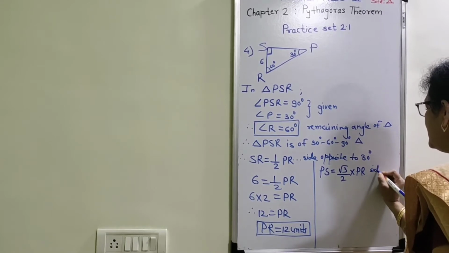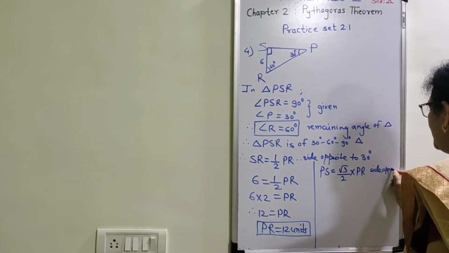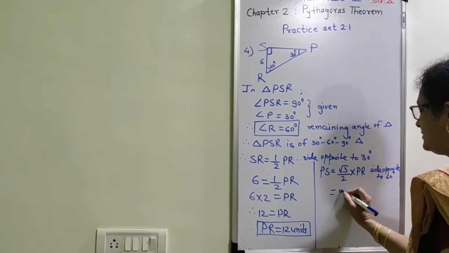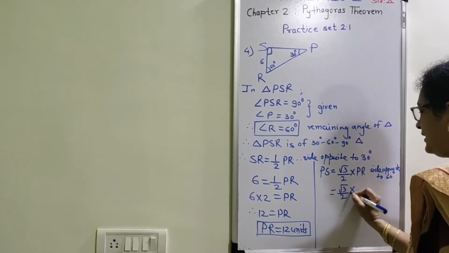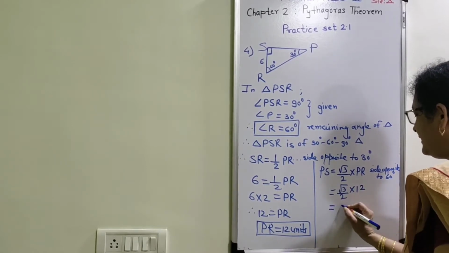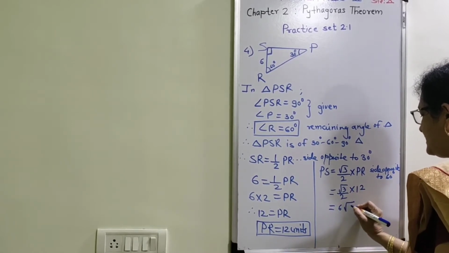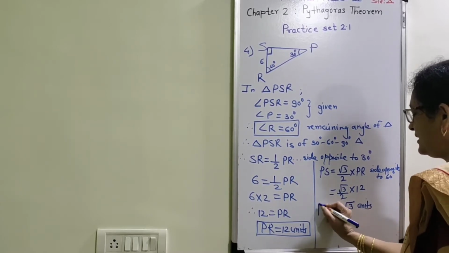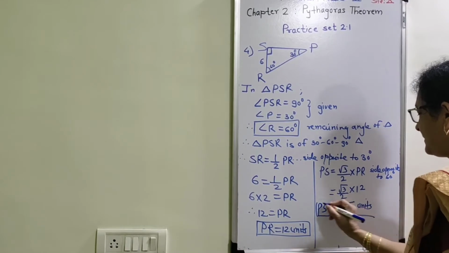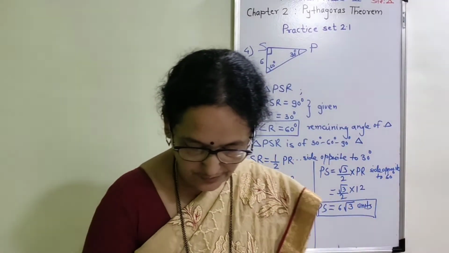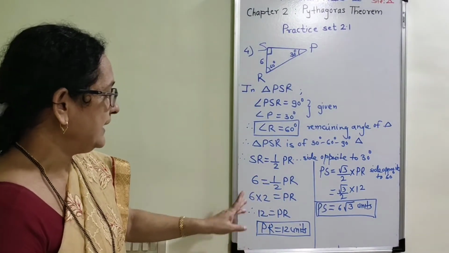The reason is the side opposite to 60 degree is root 3 upon 2 into hypotenuse. The hypotenuse is 12 and therefore 6 root 3 units is the length PS. Therefore 6 root 3 is the length PS.